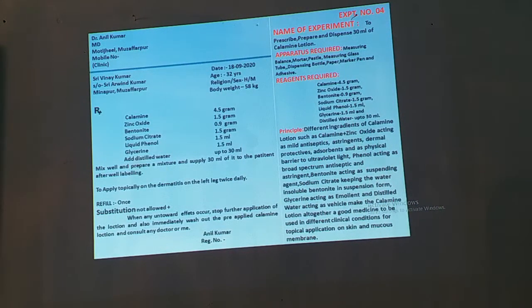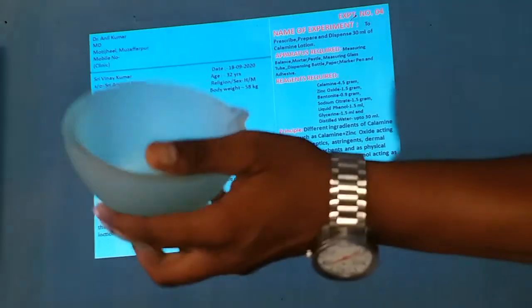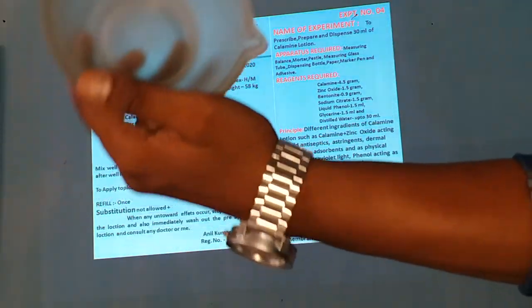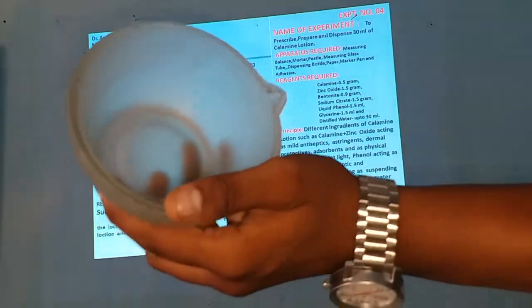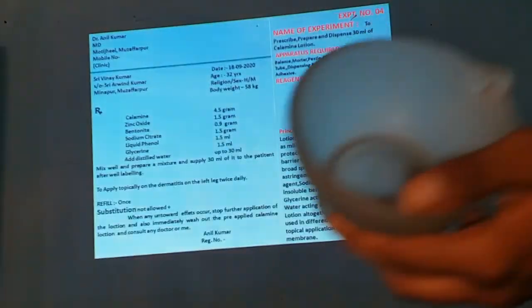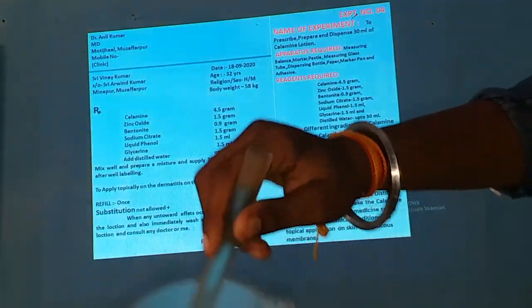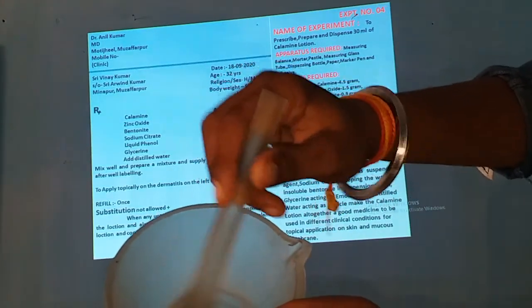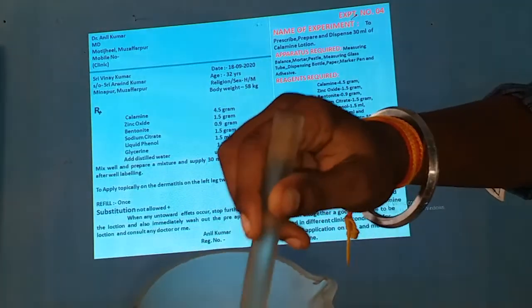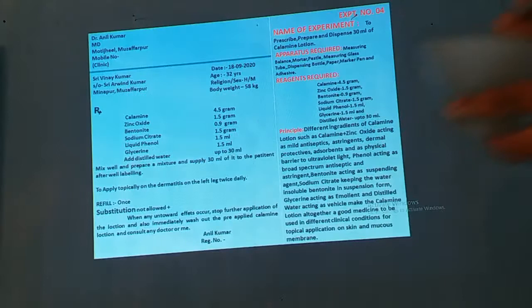Then mortar. This is mortar in which drugs are taken and grinded with pestle, which is this one. This is pestle. With the help of pestle, different drugs are grinded together in finely powdered form. Then dispensing bottle.